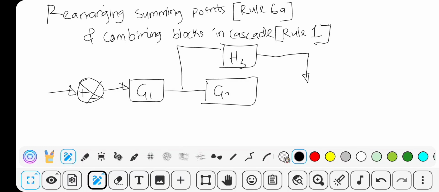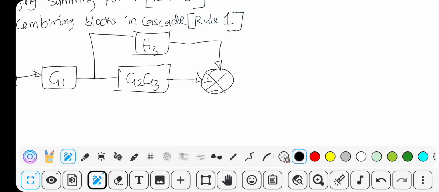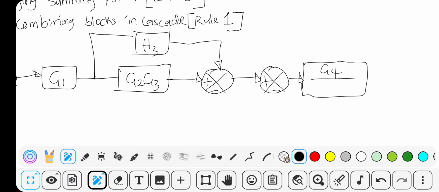These ones have been combined in cascade. G4, 1 plus G4 G3 H2.